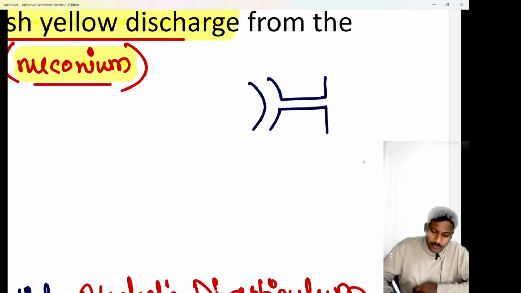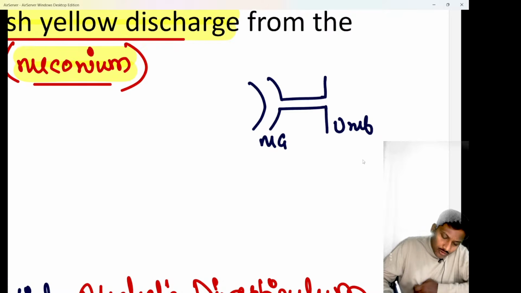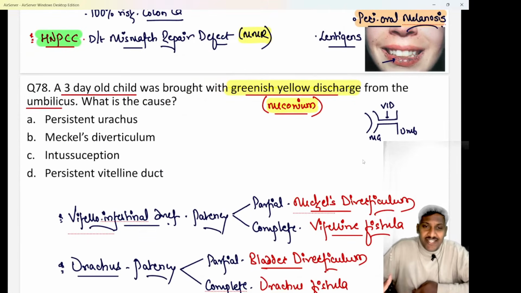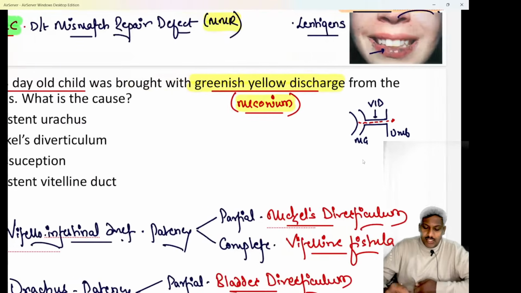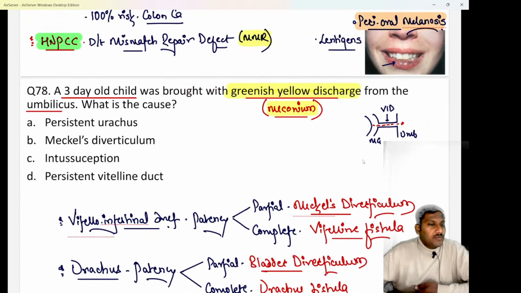If this vitelline duct is completely open or completely patent, then the patient develops a vitelline fistula, and in this vitelline fistula, the meconium or this greenish yellow discharge will be coming out from the baby's umbilicus.